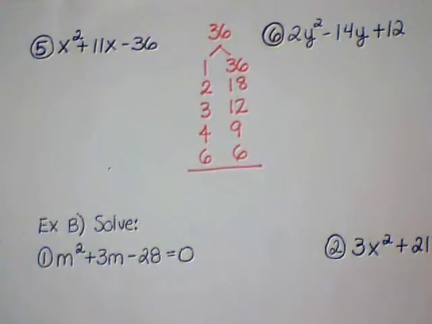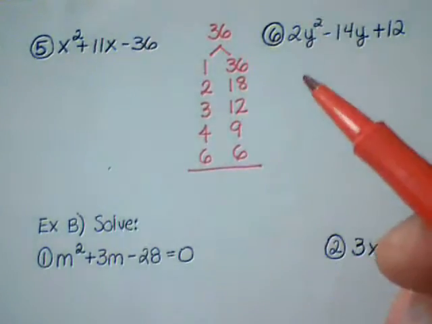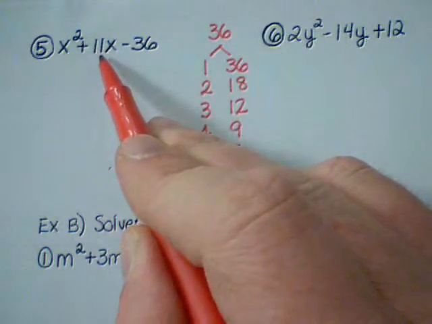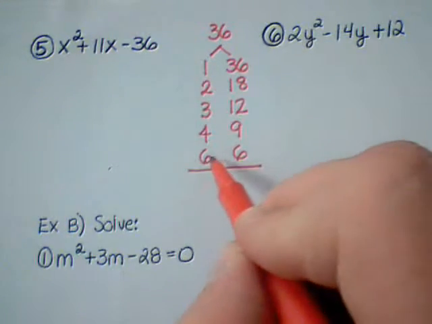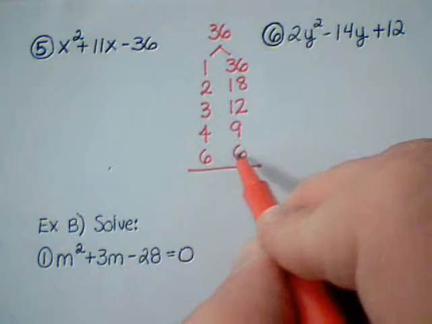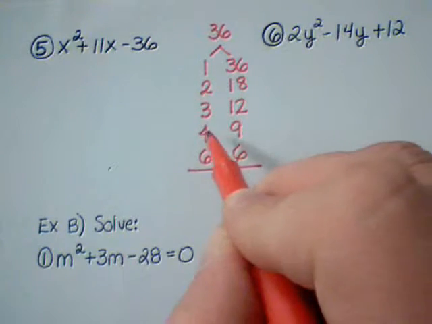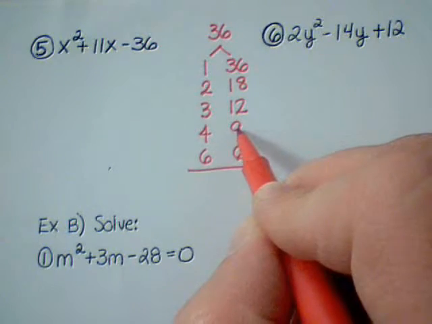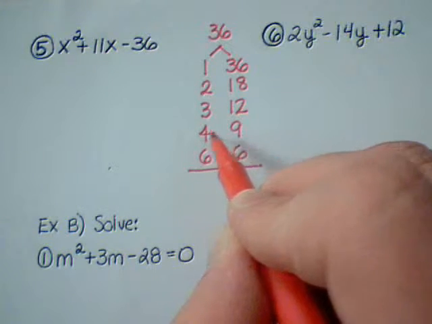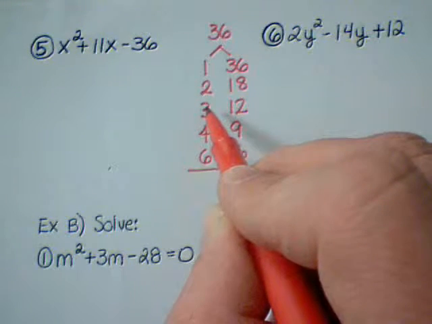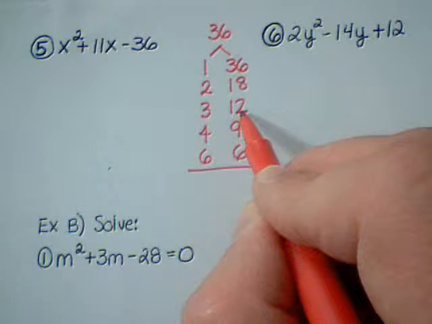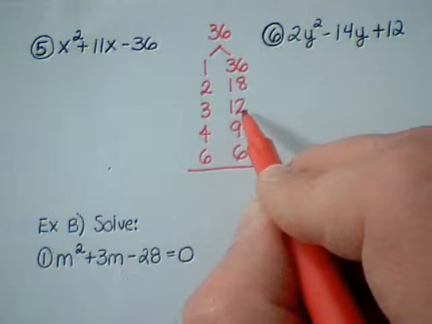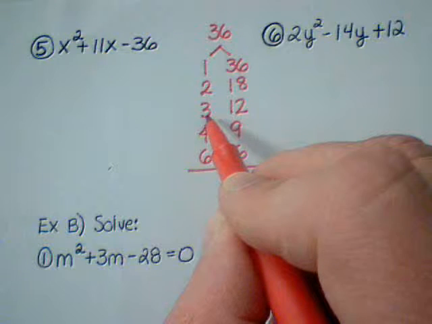So I have 5 options that I'm asking, will any of them give me 11 when I add or subtract? So let's give it a try. 6 plus 6 is 12. 6 minus 6 is 0. Doesn't work. 4 plus 9 is 13. 9 minus 4 is 5. Doesn't work. 3 plus 12 is 15. 12 minus 3 is 9.